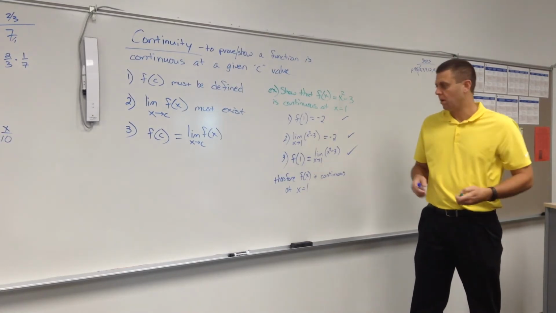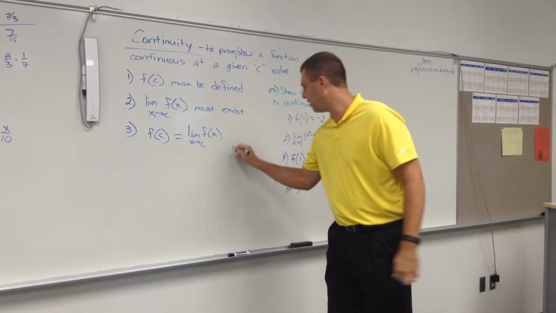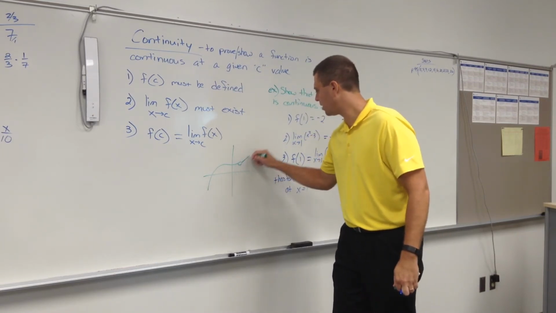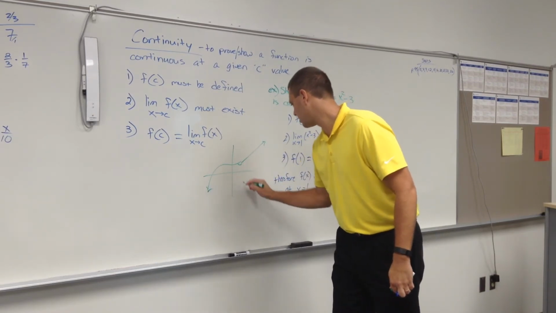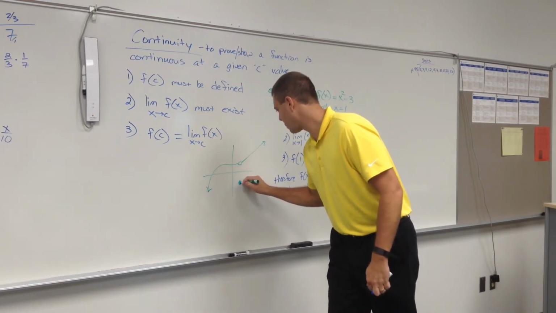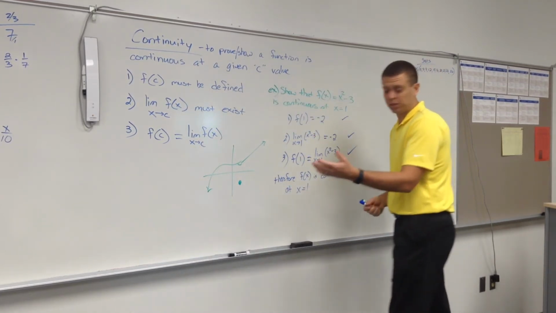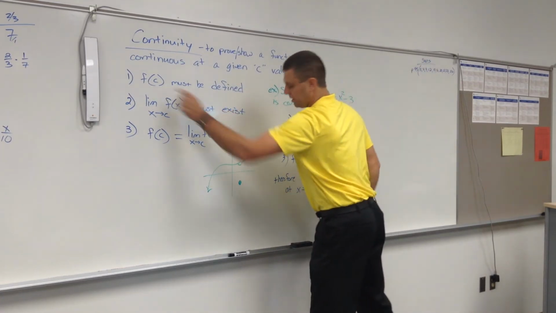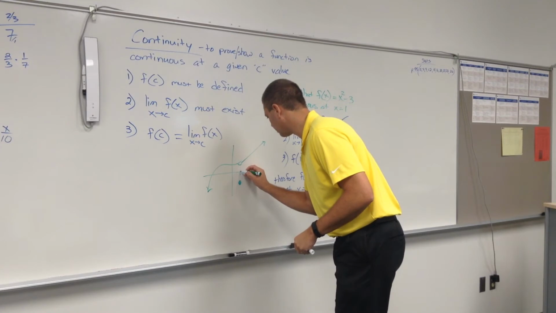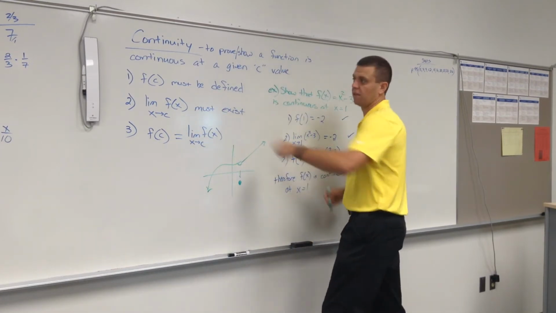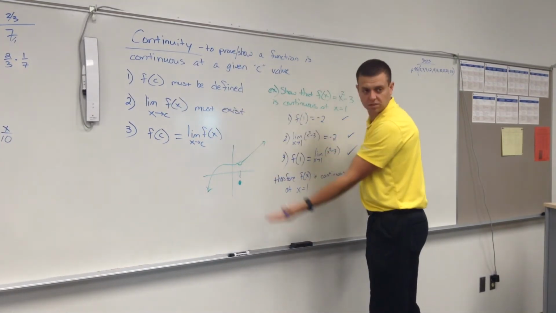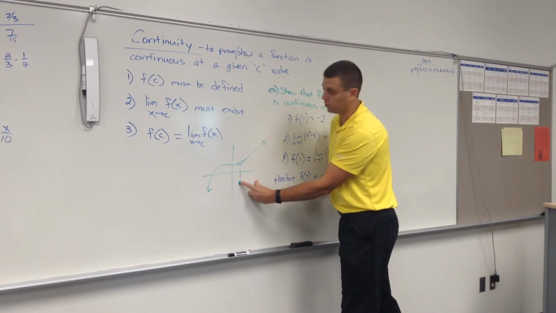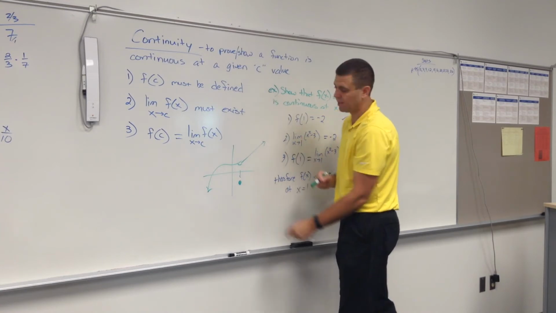Now, let's say we had a piecewise graph that looks something like this, and this is our c value right here. Does f of c exist? Is there a value for f of c? Yep, right here, so we would have gotten an answer for 1.